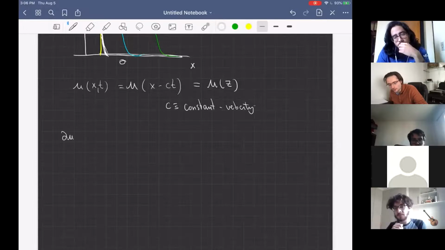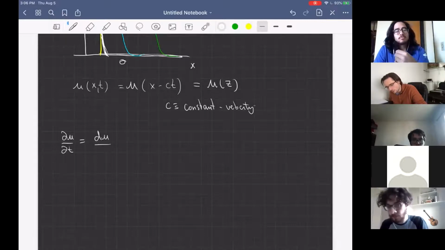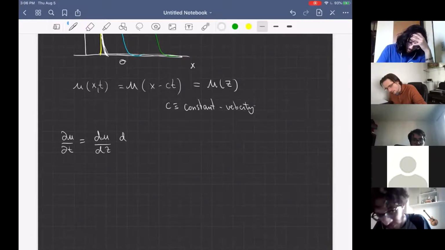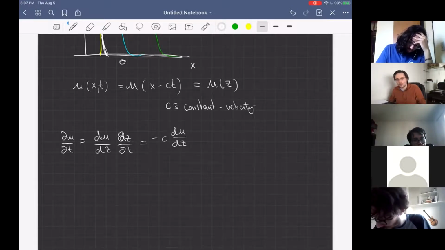I'm going to calculate the derivative of u with respect to t. This is equal to the derivative of u with respect to z times the derivative of z with respect to t, which is minus c times the derivative of u with respect to z. Everyone follows this? This is the chain rule.